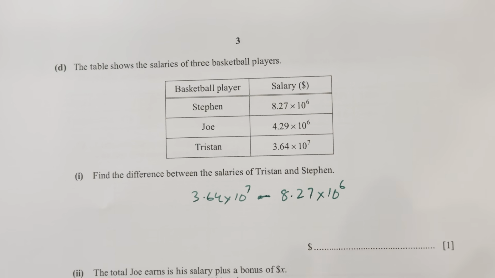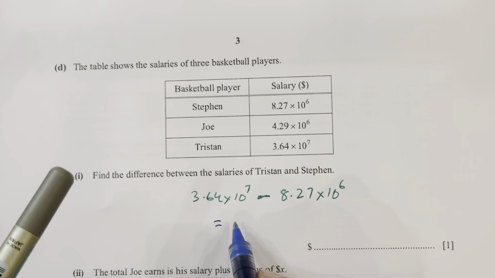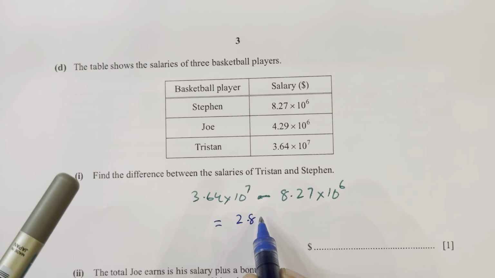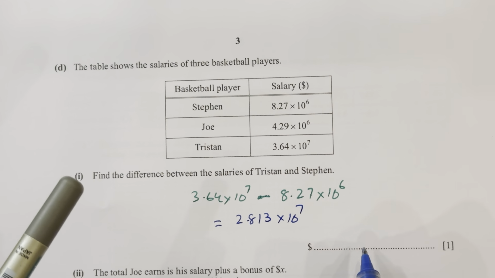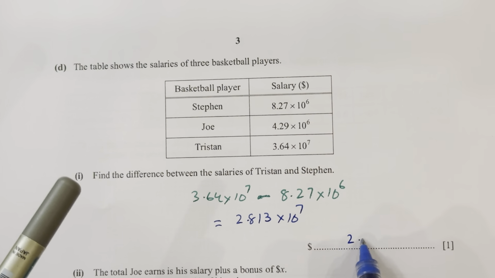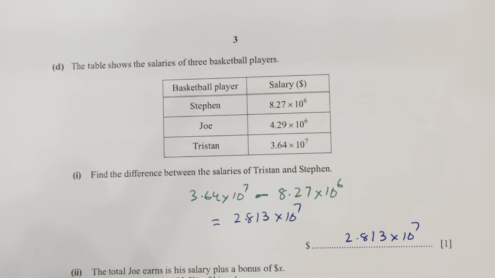This is the test of the calculator. When you put these values in and simplify, you get the value 2.813 × 10^7, and you can write here as well 2.813 × 10^7 dollars.